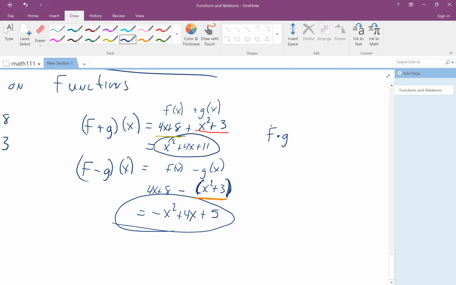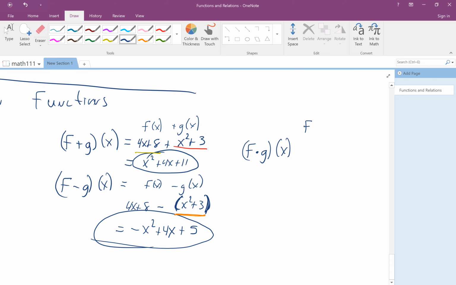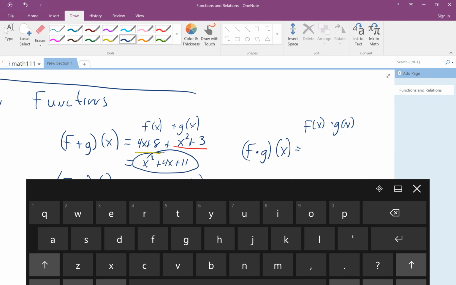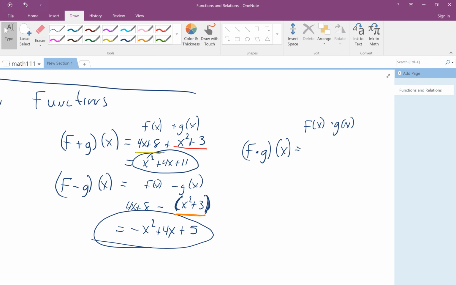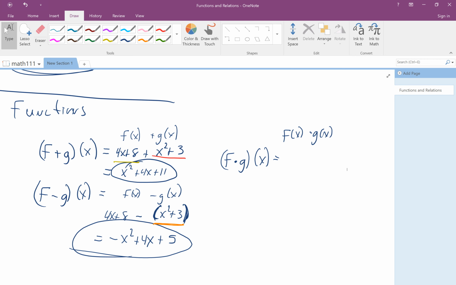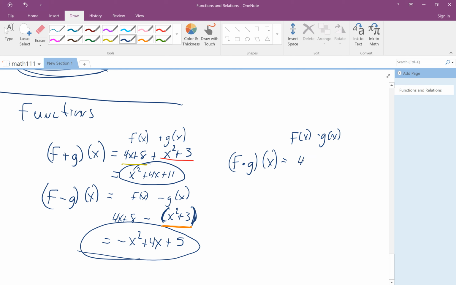And f times g. So now I'm just going to multiply them. You just don't let the symbolism get to you. All right, so now I'm just going to multiply them. 4x plus 8 times x squared plus 3. So I just FOIL these and get the answer.